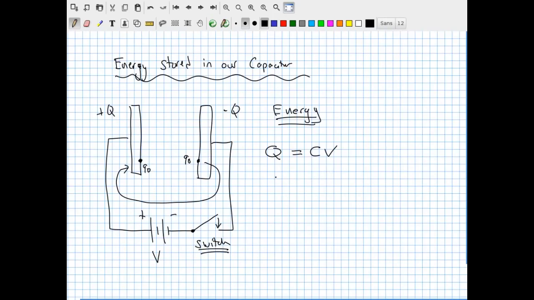What we know is that every time we take a little bit of charge and move it across the capacitor, this is going to correspondingly create a little V prime across the capacitor. So the first charge we move, maybe this is the first test charge moved by the battery across to the other side of the capacitor, this is going to result in some new potential difference between the plates, V prime. It's not at the full strength of the battery yet, but it will eventually get there given enough time.